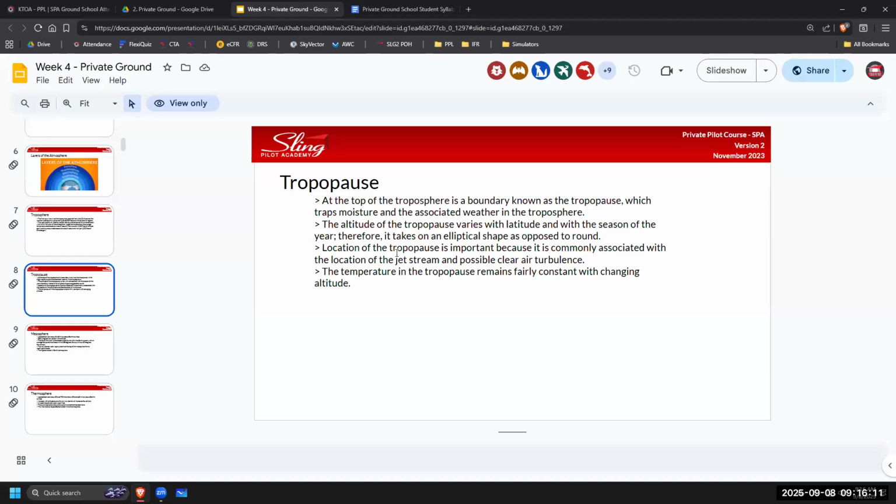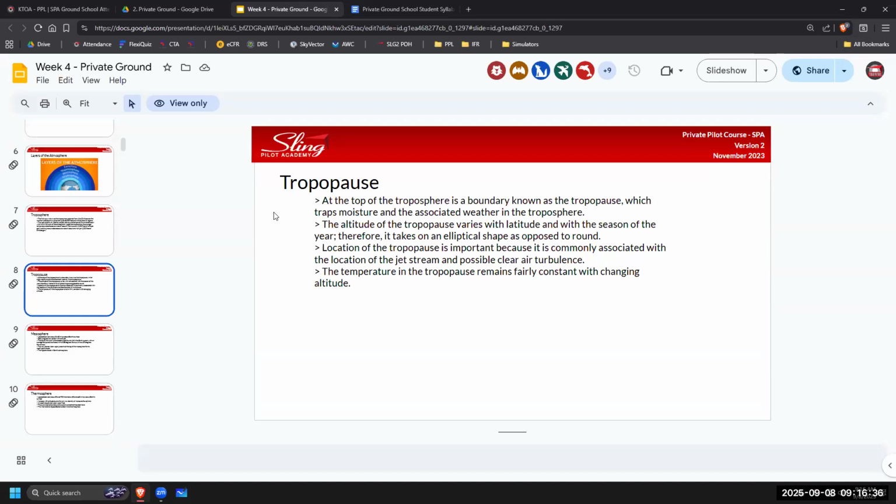Jets get into the jet stream to go faster. It pushes them faster along their route. And we'll talk about what the jet stream has to do with cloud formations, but just as a note right now, write down that the location of the tropopause is associated with the locations of jet streams. There's a couple on the Earth.